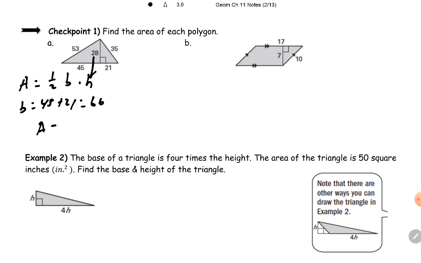So the area of this triangle here is 1/2 of 66 times 28. So this would be 33 times 28, which is 924 units squared, or square units.